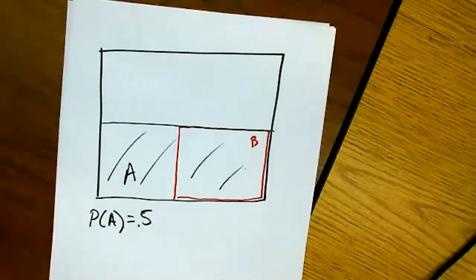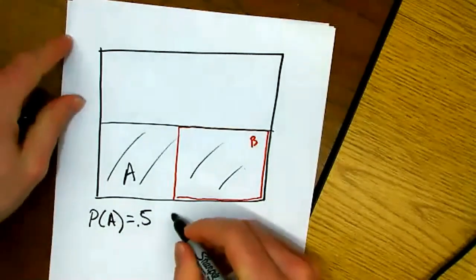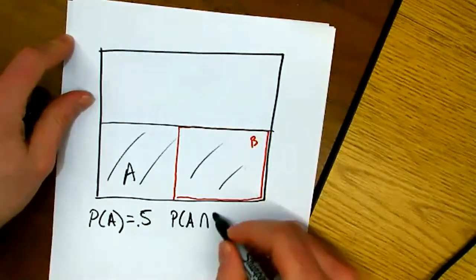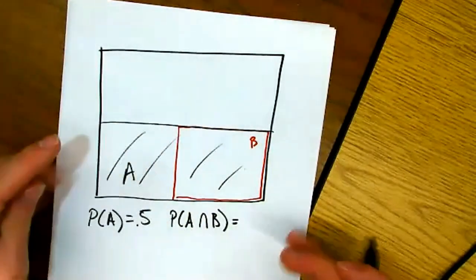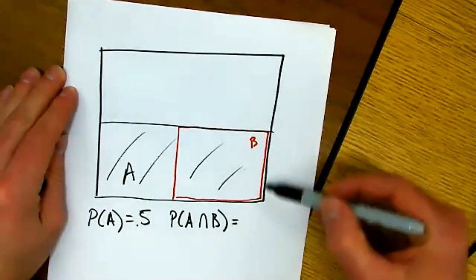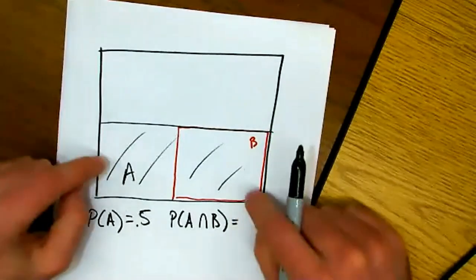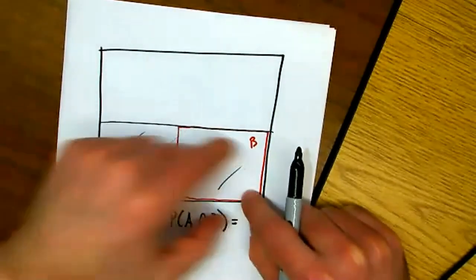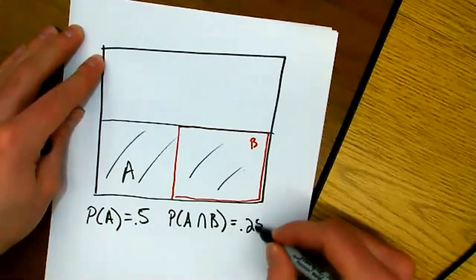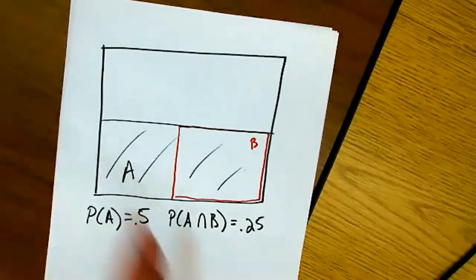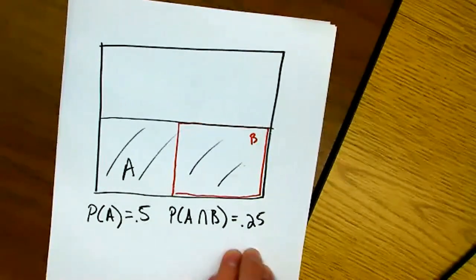So what is the probability of A intersected with B? Well, I tried to draw this to exactly split it in half. So really this rectangle of B, which is entirely intersected with A, is a very extreme example, right? I'm trying to draw proportionally. Let's say it's 0.25, right?